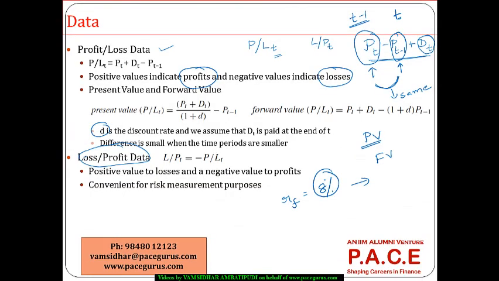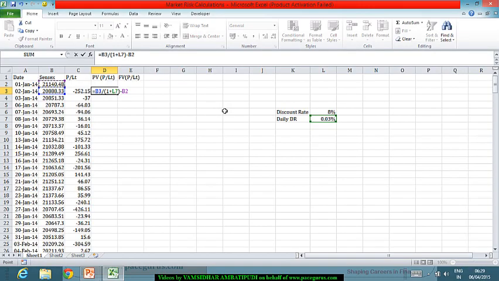Assuming here in our example I did not consider the d_t at all, the price at point t, I am discounting it by 1 plus d, whatever is the discounting factor which I have assumed, minus P_t minus 1, which is the price at time t minus 1. So there could be a small change in the numbers.